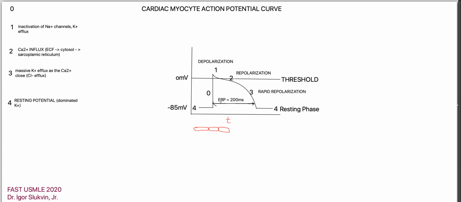So let's start with phase 0. Phase 0 is the rapid influx of Na+ through the sodium fast gated channels.